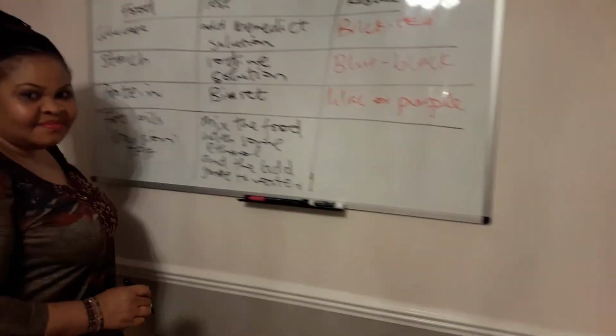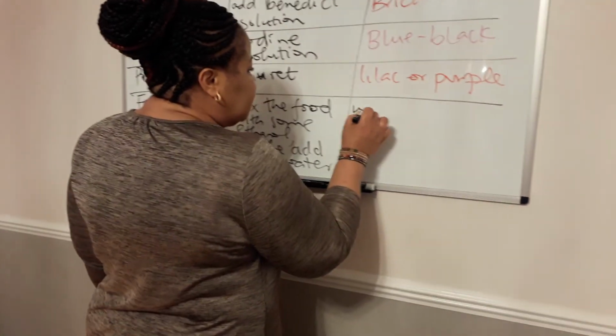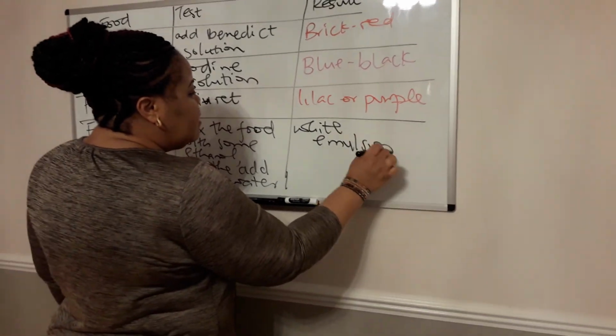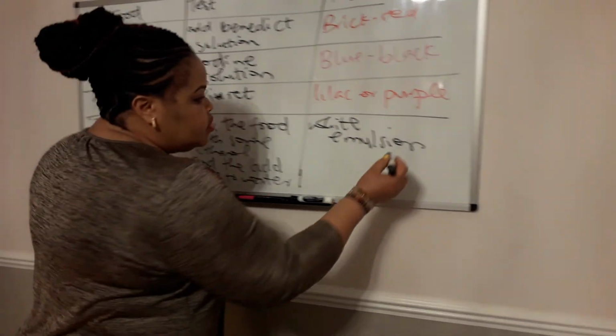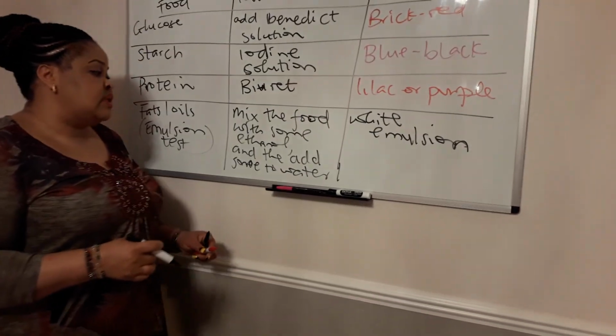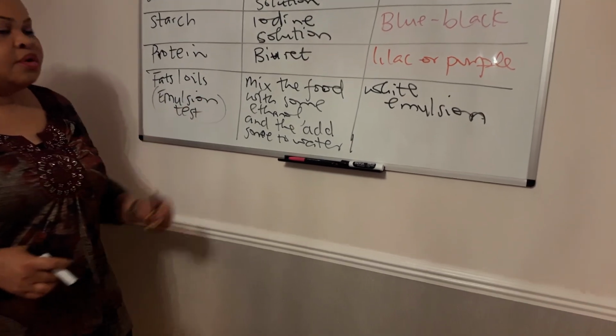If you do that, you should have a white emulsion form. Having a white emulsion, a solution that looks a bit cloudy with whitish particles in it. If that happens, then you have done that test.